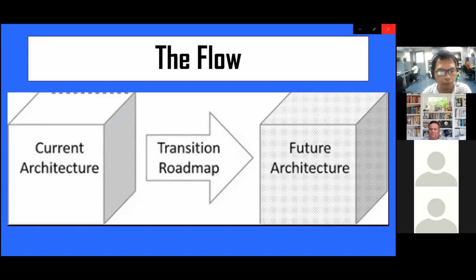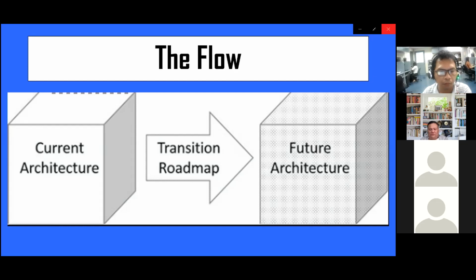And then the future architecture. From your assessment, what are the things that you want to improve within the company? What are the equipments that you want to add? Or what are the aspects of the business operations you want to streamline or simplify? That's what you'll see in the future architecture. But the transition from the current architecture to the future architecture is a different matter.